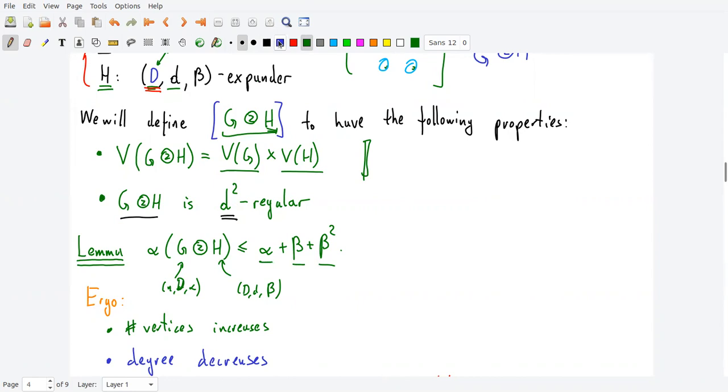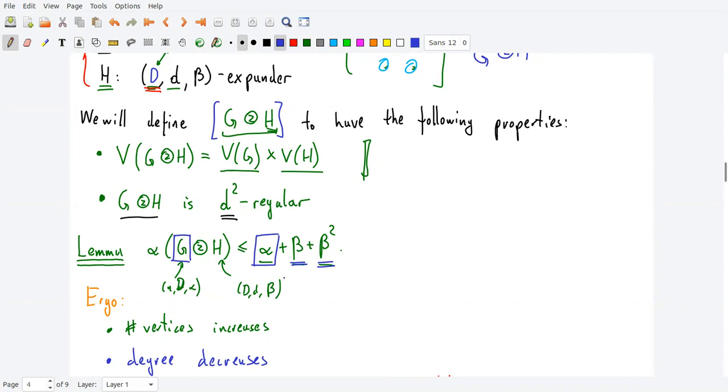So you should read it as follows: this alpha is the spectral parameter of the graph G, that is the host graph. And then if I replace every vertex with this copy of H in the zigzag product, the spectral parameter alpha can deteriorate a little bit, but if H is a good expander, it will only increase a bit.